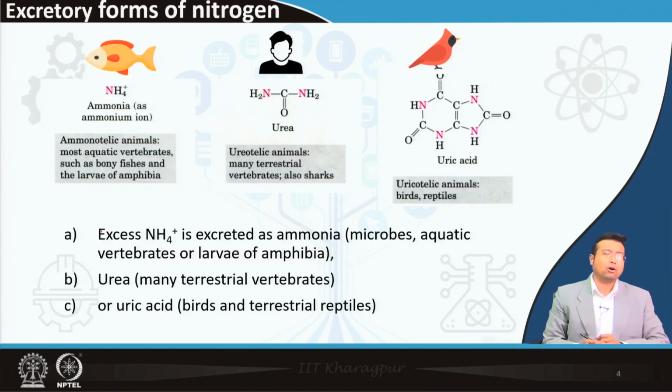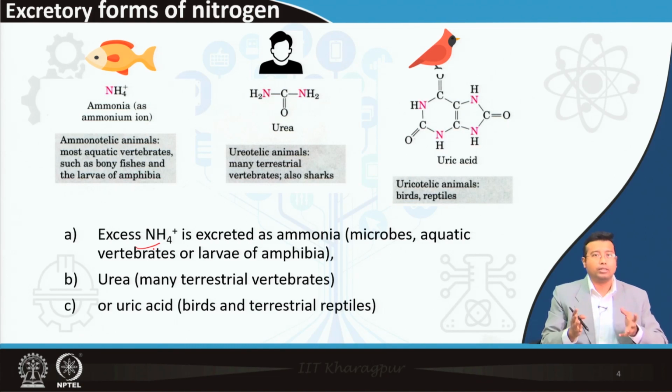Now, we should all know that depending on the class of animals, the form of excreted nitrogen is different. For fishes and aquatic invertebrates, mainly microbes, it is direct ammonia or ammonium ion, that is ammonia dissolved in water. So, these animals are known as ammonotelic animals. For us vertebrates and mammals, we excrete urea as a nitrogenous waste.